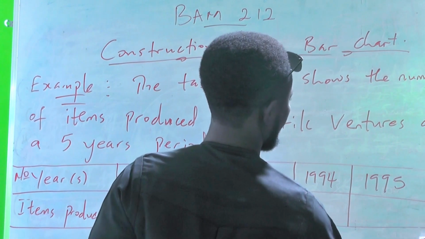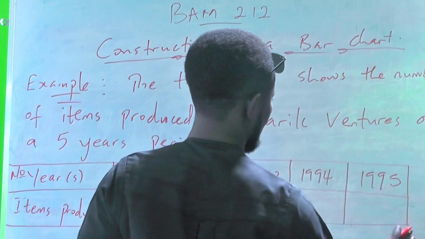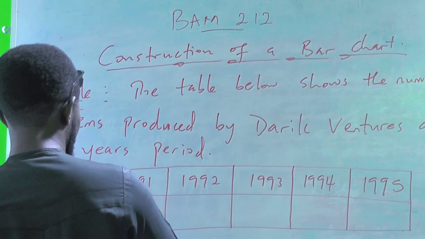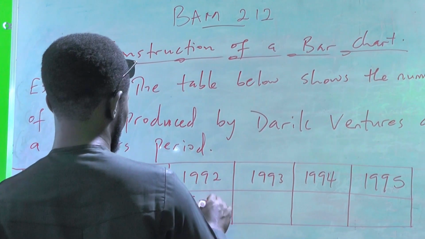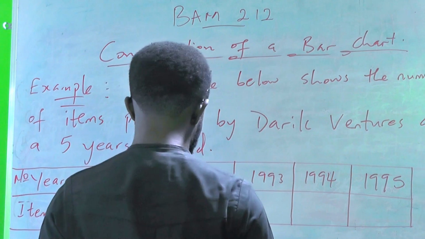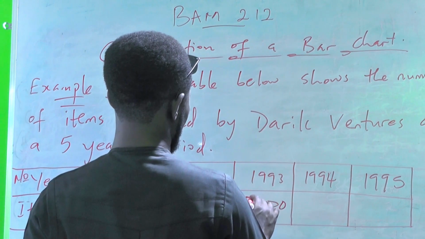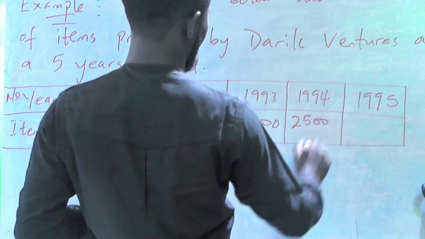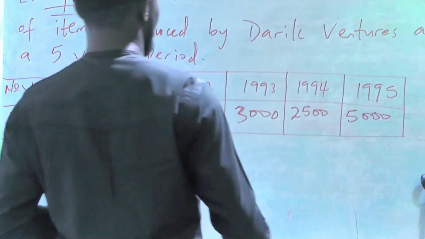Let's stop it here. So we record what they produced each year. For 1991 it is 4,000 production. 1992 is 1,500. 1993 is 3,000. 1994 is 2,500. And in 1995 the production is 5,000. It increased to 5,000.